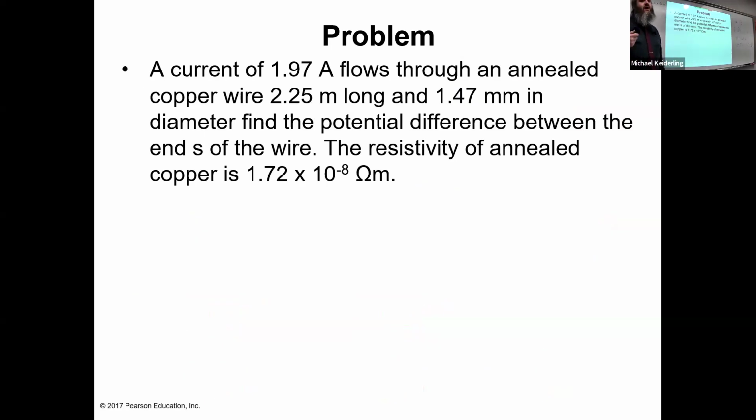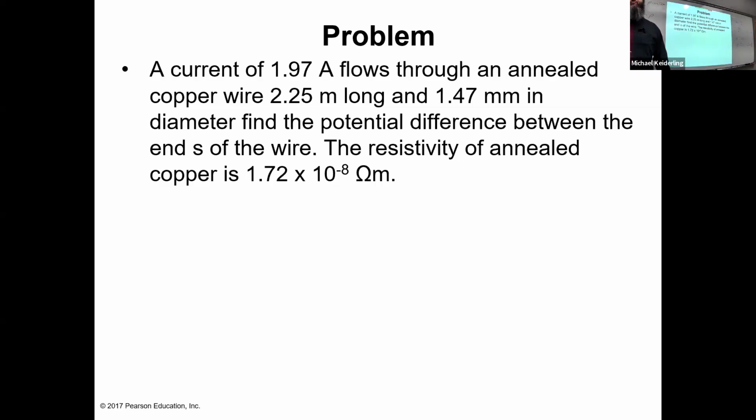So here, a current of 1.97 amps flows through an annealed copper wire that's 2.25 meters long and 1.47 millimeters in diameter. And we want to find the potential difference between the ends of the wire. And the resistivity of annealed copper is 1.72 times 10 to the minus 8 ohm meters.